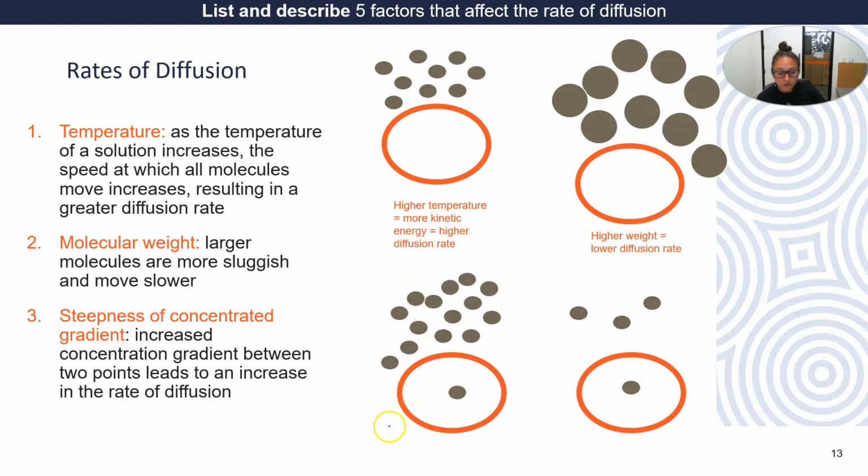If I were to draw this out, I would have something like this, versus something like this. Can you see how that is steeper than that? So the steeper the gradient, the increased diffusion rate. The steeper the gradient, the quicker it's going to be for these guys to get into here.